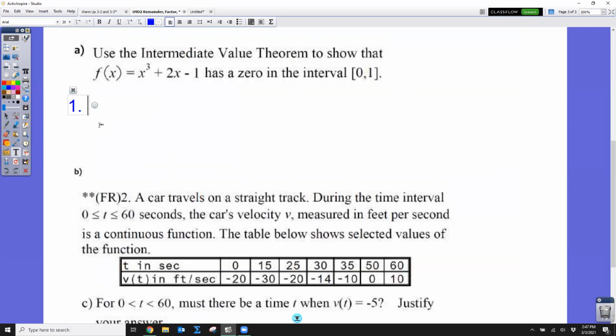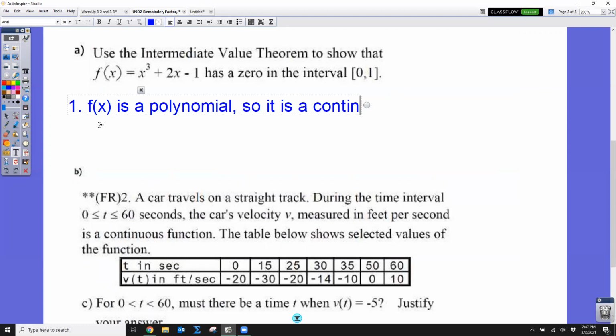Well, f of x is just a polynomial. All right, and so since it's a polynomial, it has to be continuous. I mean, it definitely is a continuous function. We don't have anything that we're dividing by or anything like that. So f of x is a polynomial, so it is continuous.